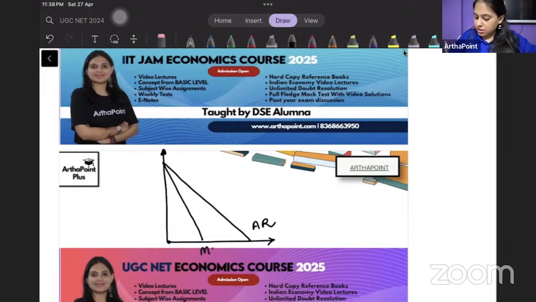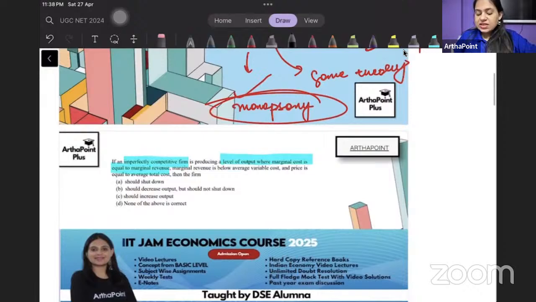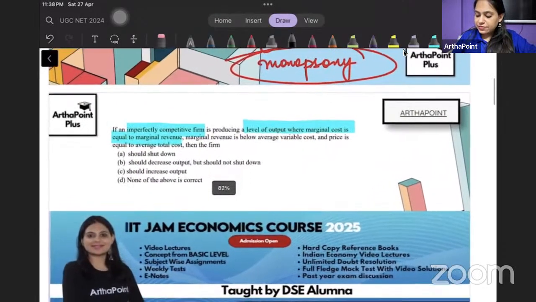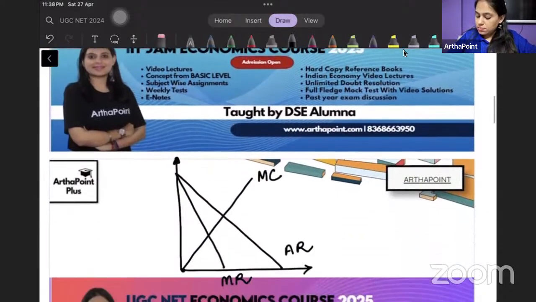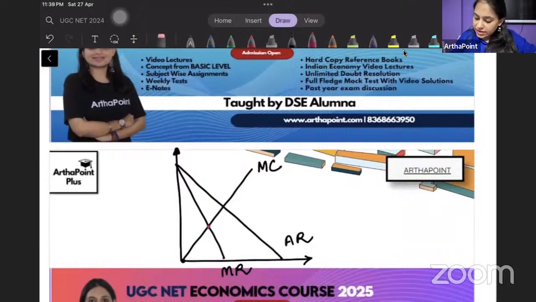I have made the MR curve here. Now it says MC is equal to MR. So I will pass an upward sloping MC curve, assuming that marginal cost is increasing, right? As output increases, marginal cost will be more. And then, beta, what is it saying? It is saying that in an imperfectly competitive firm, a level of output where MC is equal to MR. So no problem. What we will do, we will equate MC to MR. Right, beta? And we will say that this is the level of output that we are producing. This is what the question is saying.